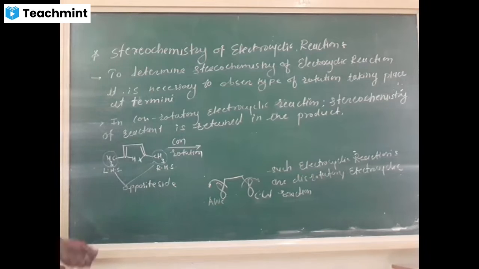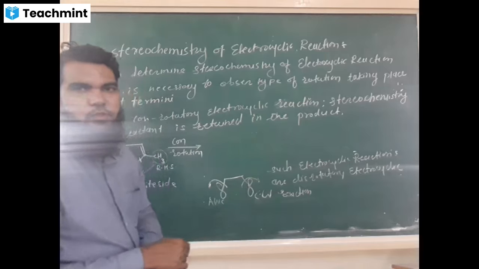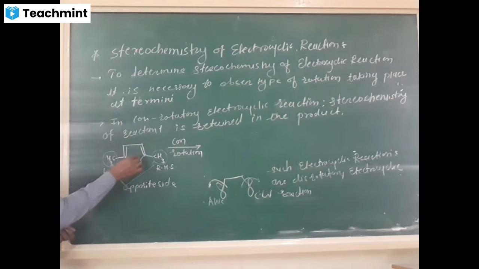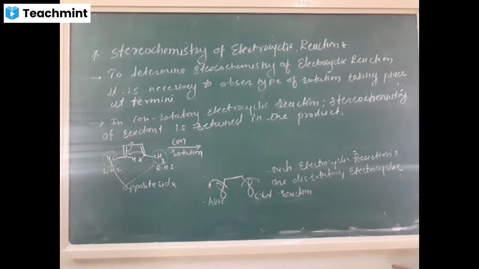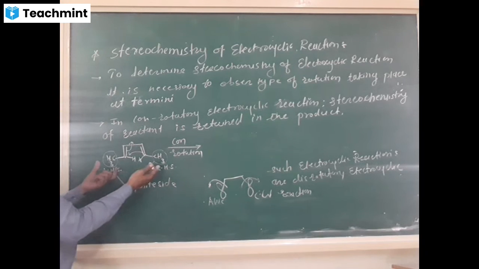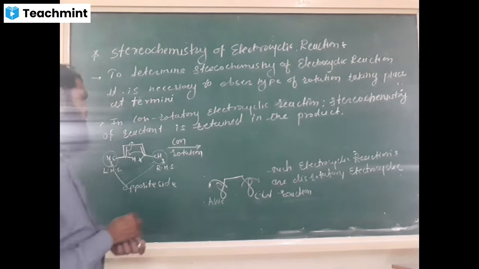For example, this methyl group and this methyl group are on opposite sides in the reactant, and they appear on opposite sides in the product also. तो प्रोडक्ट क्या बनेगा? ये डबल बॉन्ड यहाँ पर आना है, ये डबल बॉन्ड यहाँ पर जाना है. हम ऑर्बिटल पिक्चर से भी वो बताएंगे, फिलहाल आप इतना समझिए. You can understand what happens when conrotation takes place and what type of stereochemical features we will get in the product.